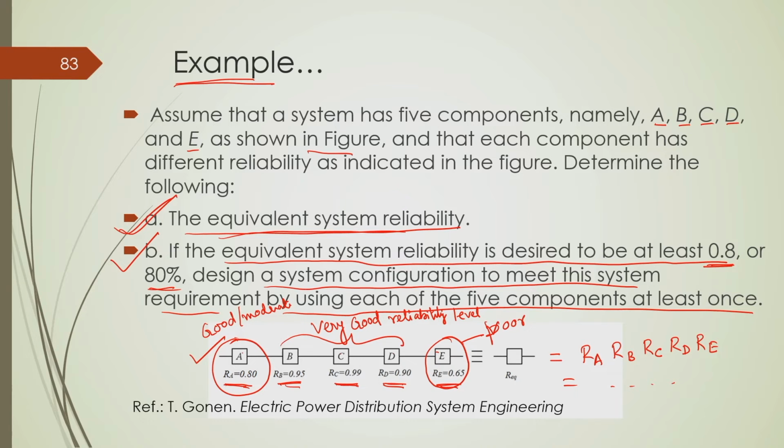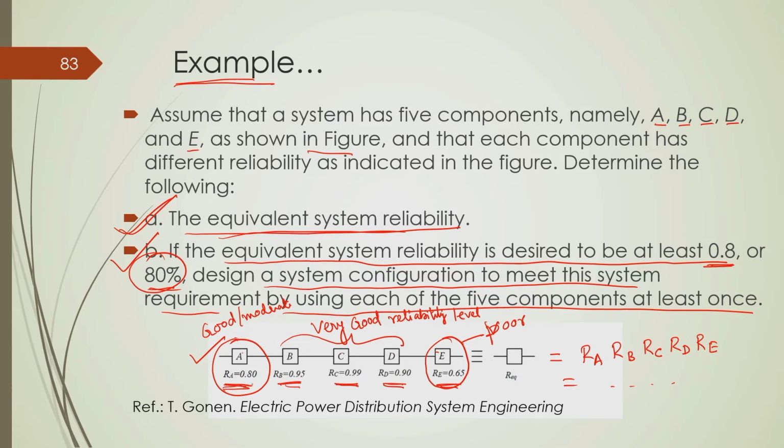So, the second question is, we need to improve the reliability level of the composite system to at least 80%, using each component, including A, at least one time, because they have individual functionalities. Okay. Now, in a practical power system, we may encounter this problem, and how do we solve this problem, or how do we come out of this problem?